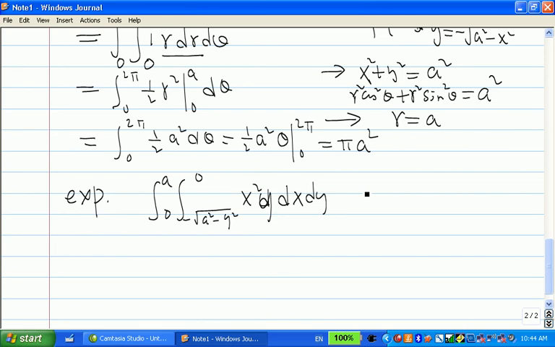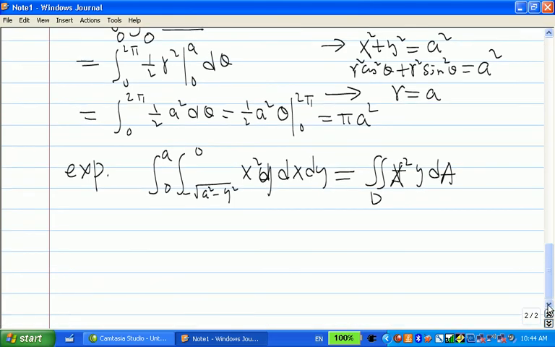As we know, this iterated integral must be related to some double integral, I mean the function x squared y dA, and this double integral can be written as another two iterated integrals.